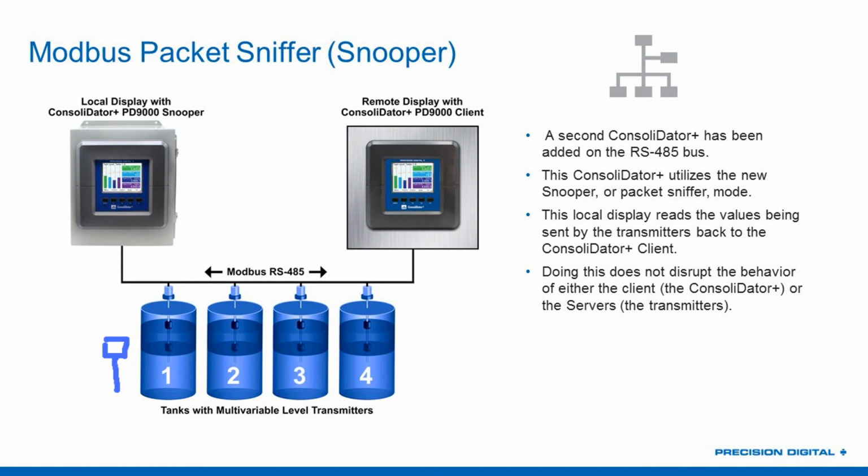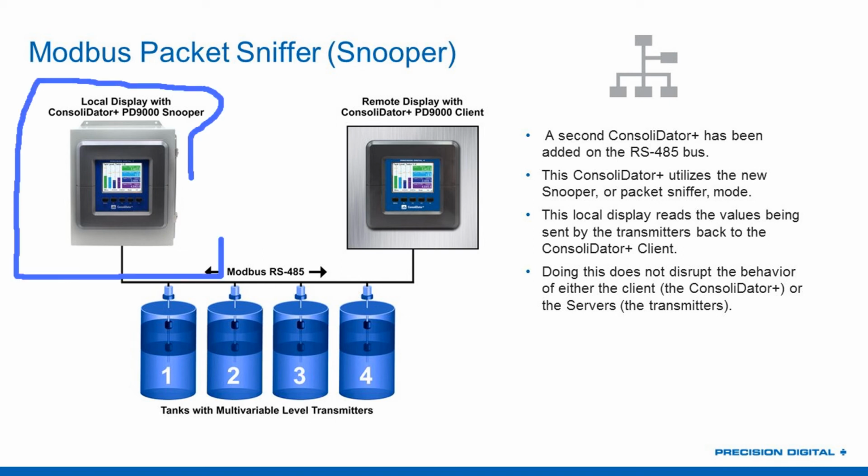Well, rather than reconfiguring the consolidator that's acting as the master in the control room, rather than doing any reconfiguration of these transmitters, rather than having some kind of two-master situation, which is really a no-no in Modbus, I'm going to take a Consolidator Plus, put it in a NEMA 4X box, install it next to these tanks, and connect it up to the RS-485 bus, just like every other device here.